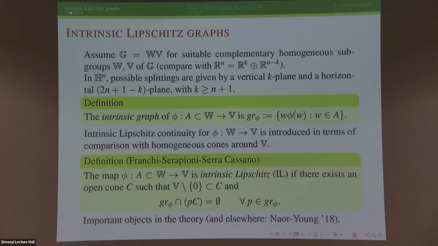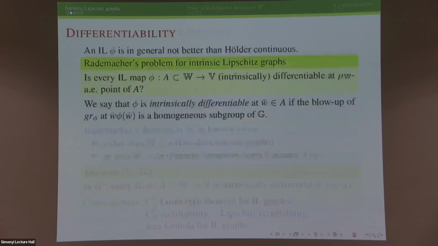By the way, they were used a few years ago in a quite important paper by Naor and Young, where they proved the precise efficiency of some algorithms in theoretical computer science, which eventually reduces to the possibility of embedding Heisenberg in some L1, and at that point, these objects played an important role in their proof. It's an Annals paper from a few years ago.